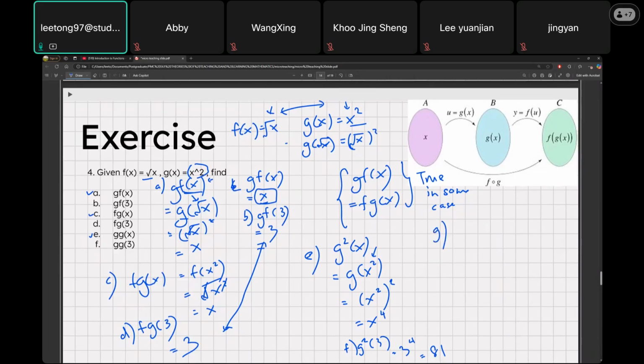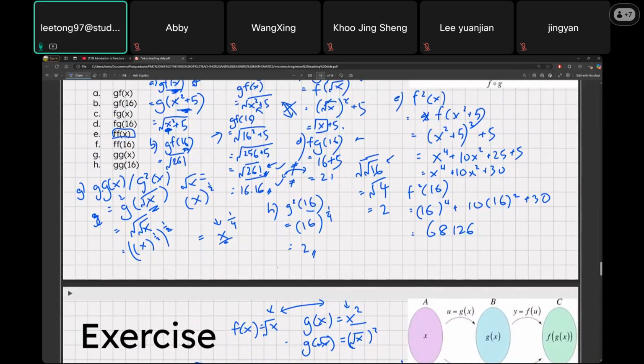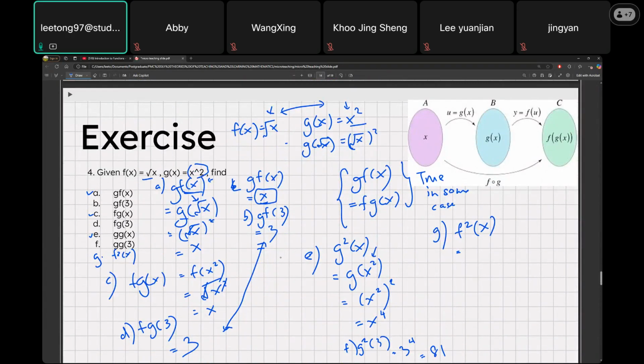How about we look at another one? G f square x. Okay, f square x. Oh, okay, this is the same as this question. So maybe we just write it out. Square root.